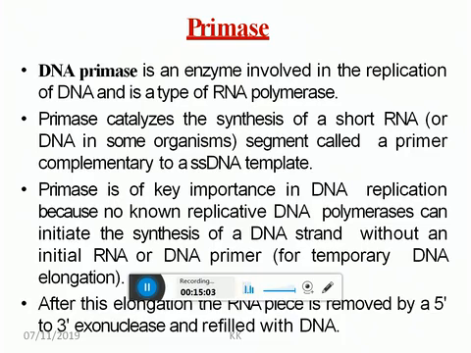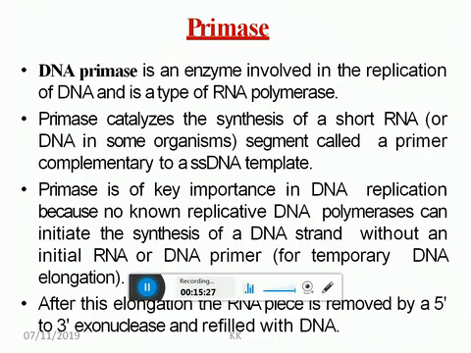After the elongation, the RNA piece is removed by the 5' to 3' exonuclease and refilled with DNA. When the primase binds to the DNA, the replication process is initiated. When the RNA primer is bound, the process is initiated and elongated.